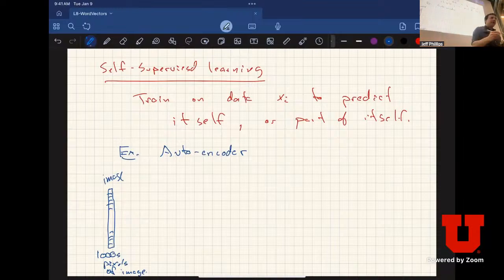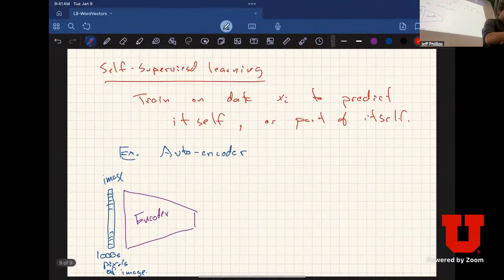And what an autoencoder does is it somehow takes this as input and it maps it down to a lower dimensional space. We call this the encoder. Okay, and I'm going to get a lower dimensional space, so this would maybe be R^k, a k-dimensional space. And then I'm going to get a decoder.